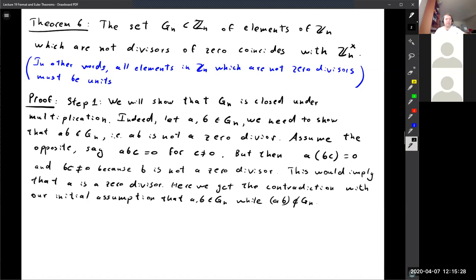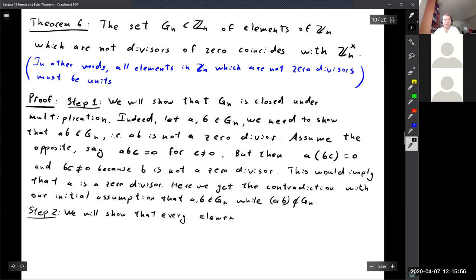Okay. Now on step 2, we will prove that every element which is not a zero divisor is invertible. We will show that every element in G_n has a multiplicative inverse.